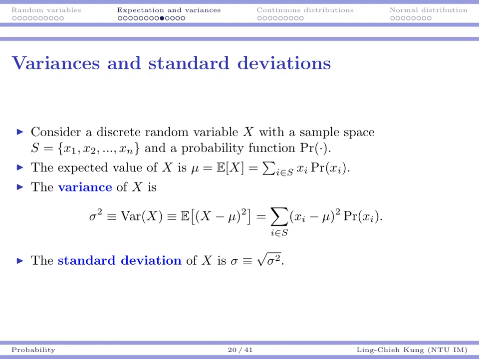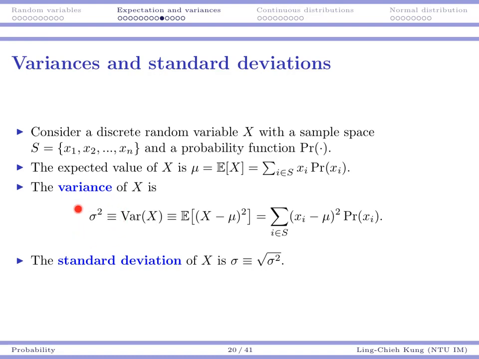If basically all those middle values have high probabilities, then this distribution is not dispersed. But if extreme values have higher probabilities, then this distribution or this random variable is dispersed. So that motivates the definition of variance in this way.